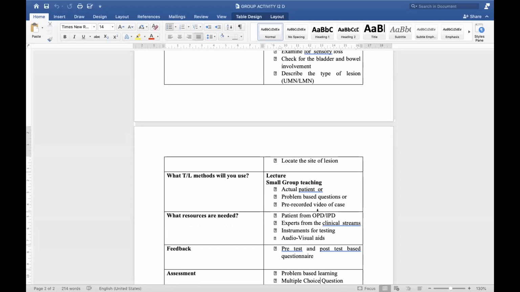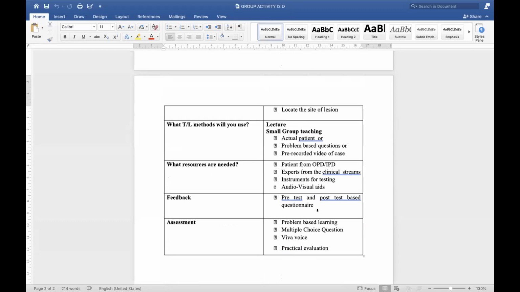For feedback, a pre-test and post-test based questionnaire by which we can check the knowledge gained by the students about hemiplegia. Assessment via problem-based learning, multiple choice questions, viva voce, and practical evaluation.